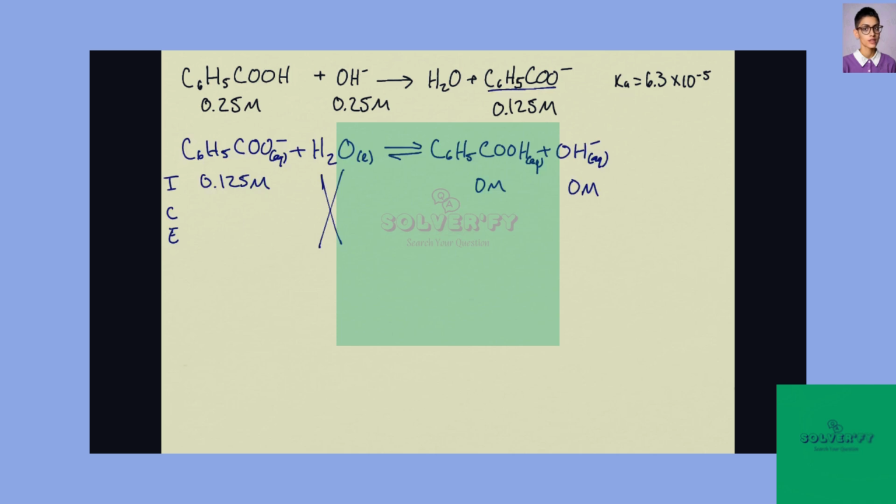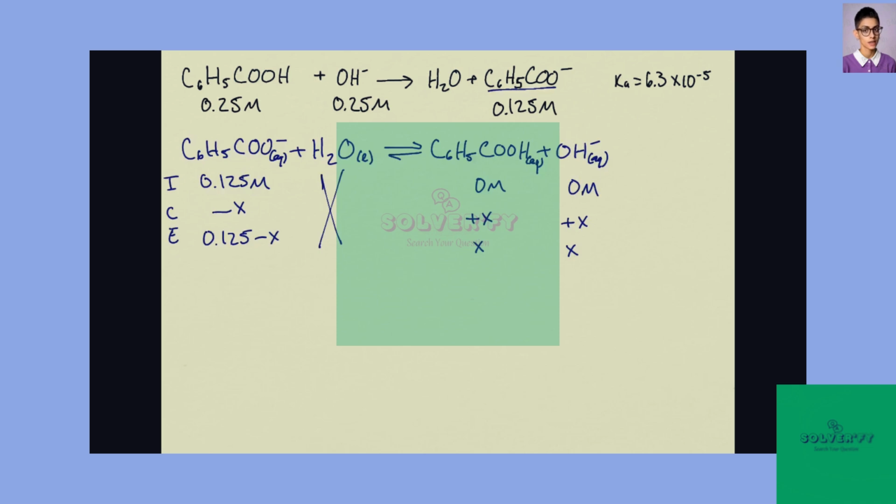Now for the change, some unknown amount, which we'll call x, will react to form an equal amount of the two products. Then at equilibrium, we just add initial and change. So for C6H5COO minus, we'll have 0.125 minus x, and for the two products, we'll have x.